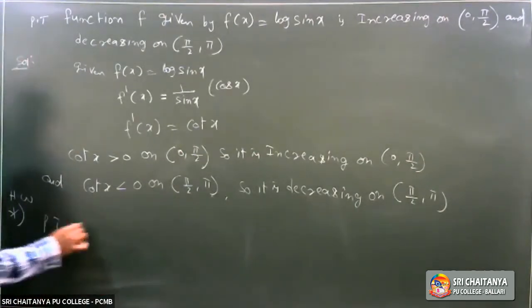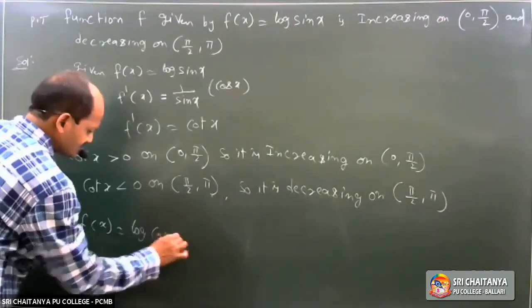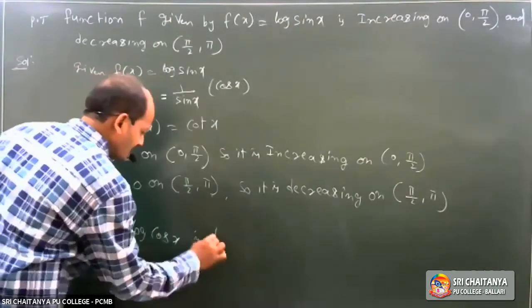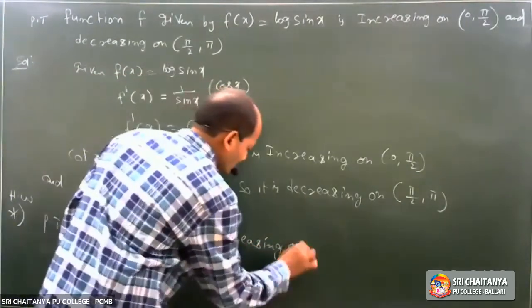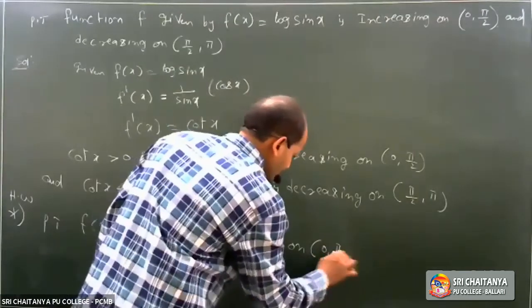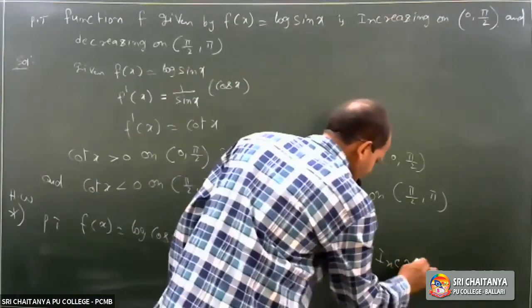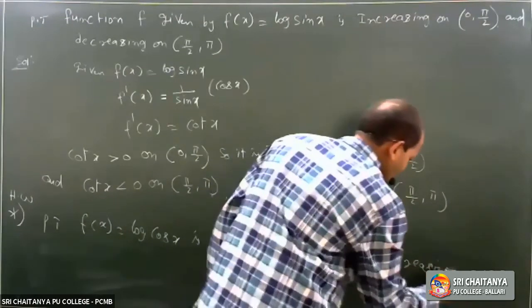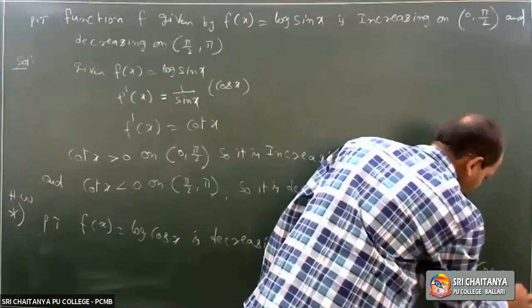Prove that f of x equal to log of cos x is decreasing on 0 to pi by 2 and increasing on 3 pi by 2 to 2 pi.